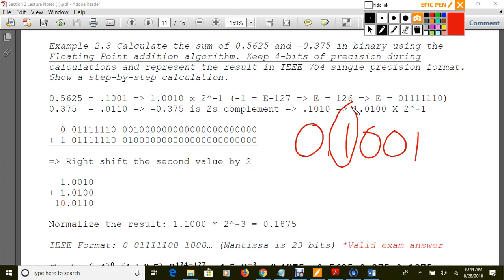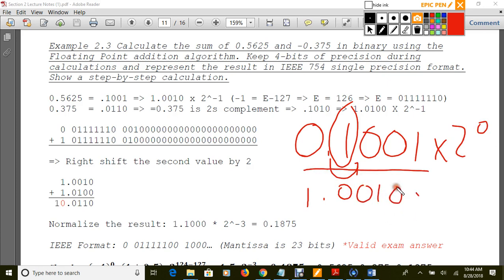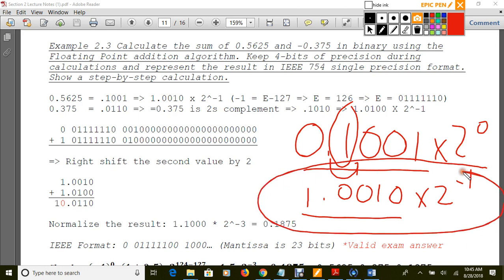Everything after that is the Mantissa. So in this case, 0.5625 times 2 to the 0, if you were to do this, it's 1.0010 times 2 to the negative 1. So the IEEE standard was defined this way specifically to indicate this value.